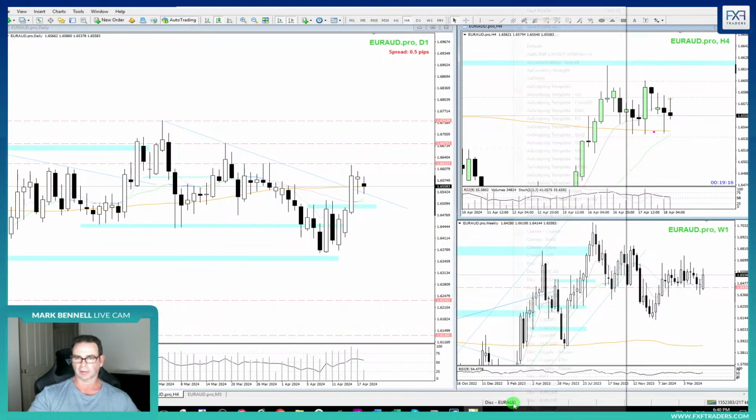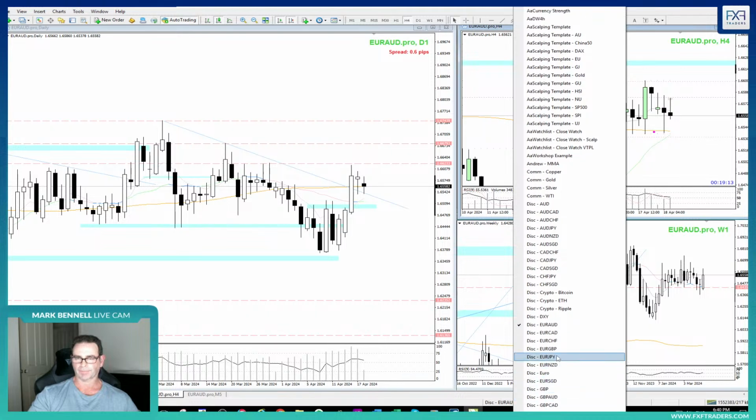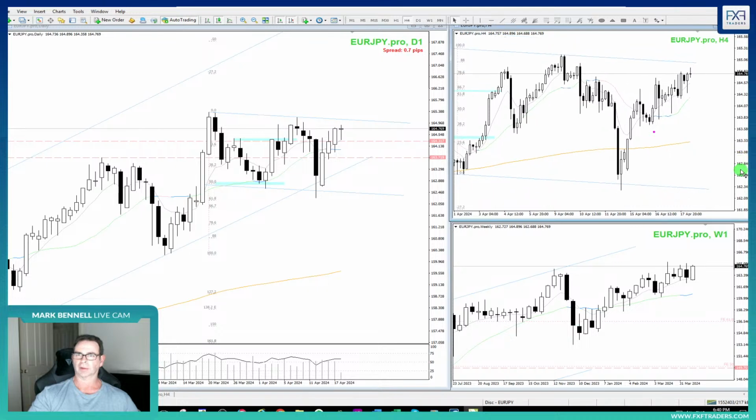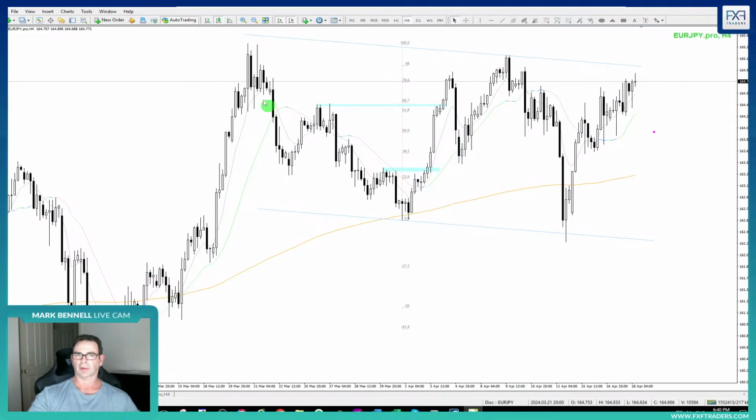Euro yen. Euro yen, look, a big flat corrective in here. See this here, look, 3. That one actually didn't give us too much at the low. 1, 2, 1, 2.